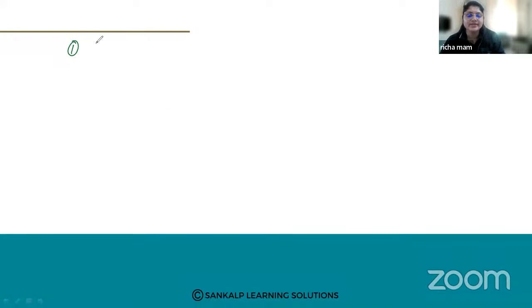I had asked you last time: transition elements show variable oxidation state.